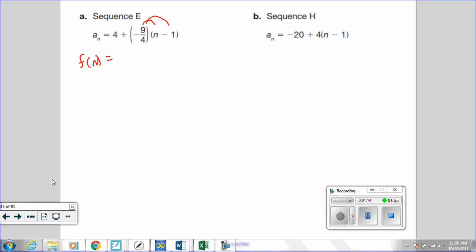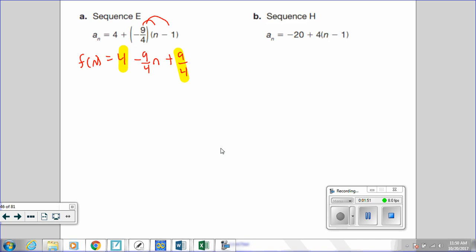So we bring down the 4, distribute the negative 9 over 4 times n to get negative 9 over 4n, and then negative 9 over 4 times negative 1 to get a positive 9 over 4. Okay, and that's our second step.